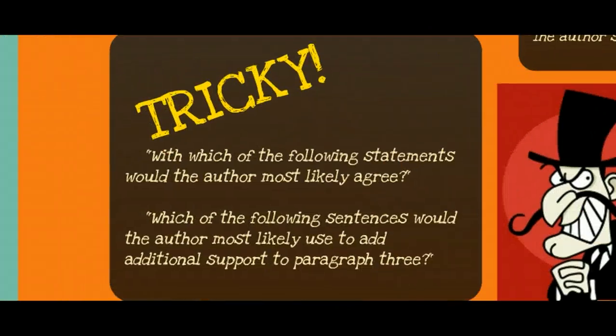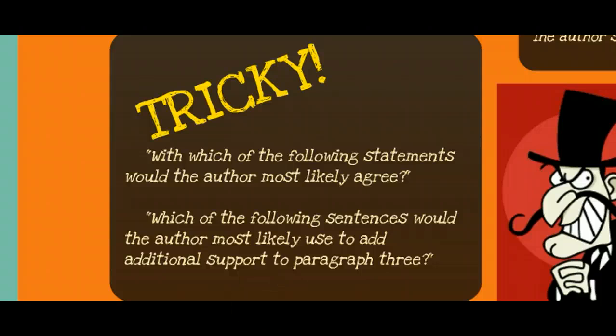Now, sometimes they're a little trickier with it. Sometimes they may not have those key words that are going to show you that it's an inference question. Sometimes you may see things like this. With which of the following statements would the author most likely agree? Now, it doesn't say infer or suggest or imply, but that's clearly an inference question. Okay. How about this one? Which of the following sentences would the author most likely use to add additional support to paragraph 3?